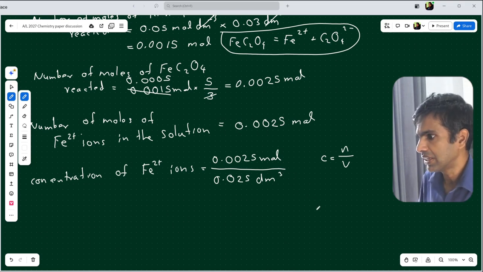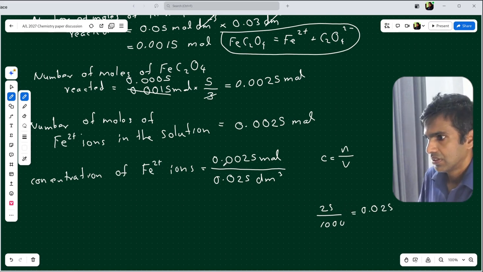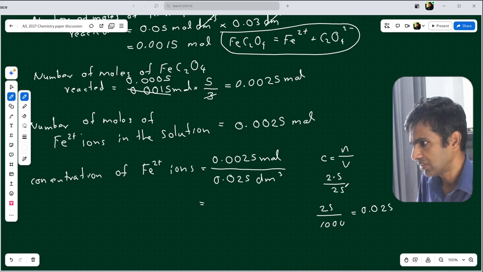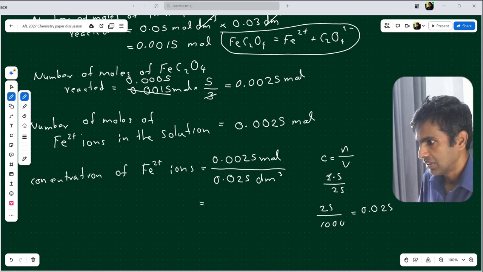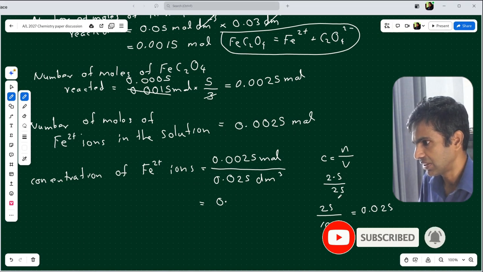We need to divide by 1000. 25 divided by 1000, which means 0.025. So we can move 3 decimal places to right, then this fraction becomes 2.5 over 25. There are no 25s in 2, therefore 0, then decimal place 25, 25 divided by 25, 1 units.